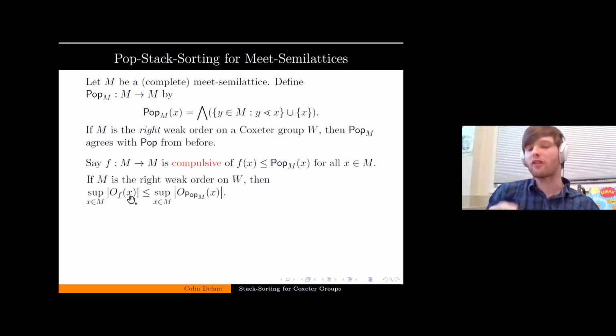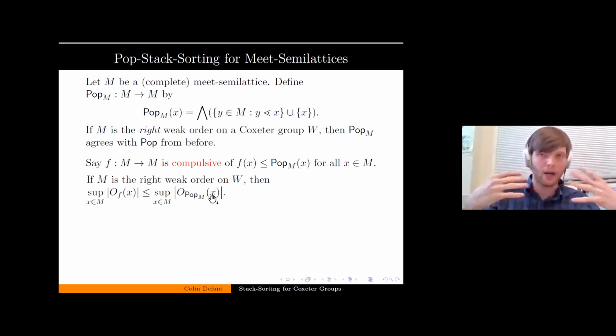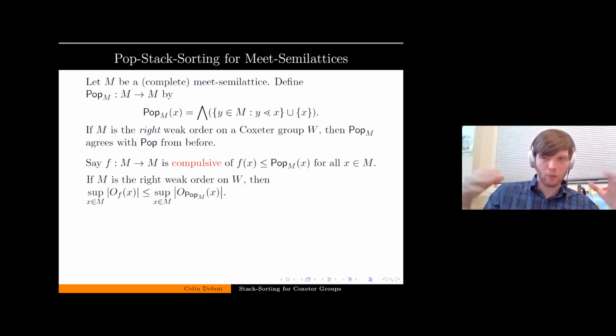This is saying the maximum size of a forward orbit under the compulsive map is at most the maximum size of a forward orbit under the pop stack sorting operator. And the reason for this is I just gave you two theorems. One was that this thing here on the right is equal to the Coxeter number h. And the other theorem said that this thing here on the left is less than or equal to h. And so when you put those together, this thing on the left is less than or equal to this thing on the right.